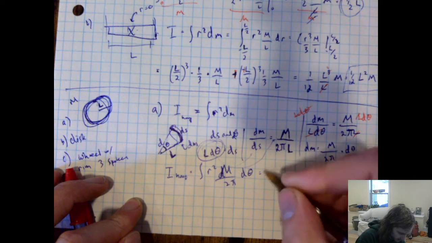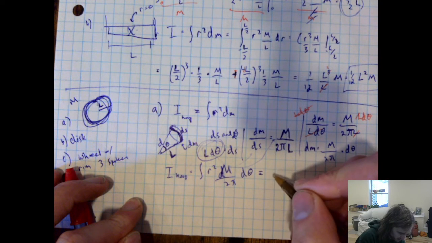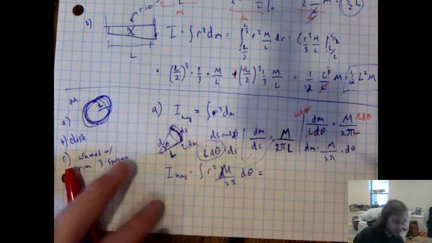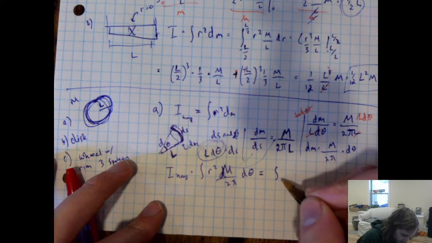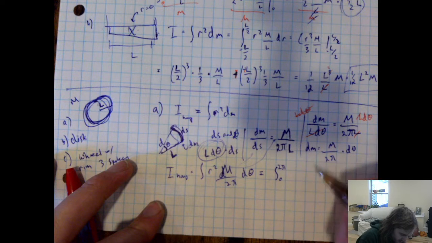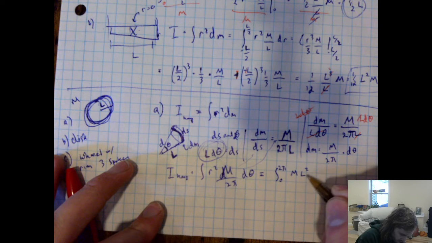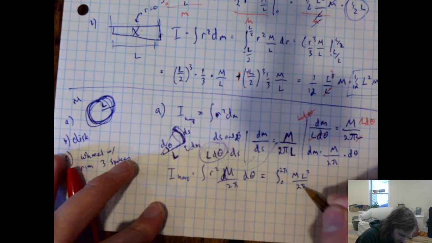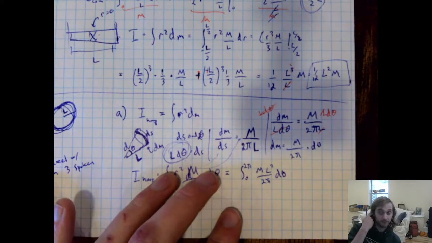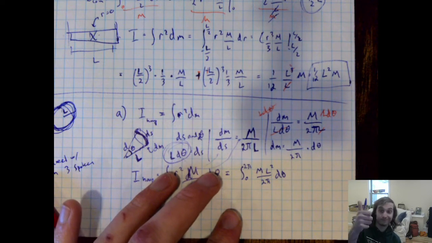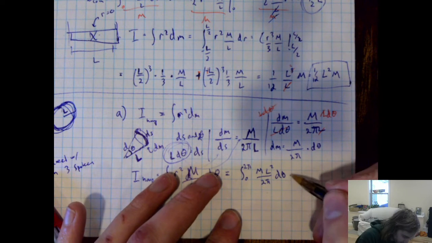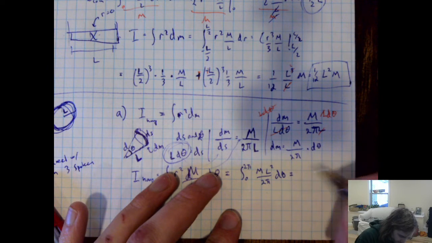Well, thankfully, r is fixed for this one. It's always a distance of L away. And so we'll be integrating from 0 all the way to 2 pi, spinning around our full circle. Our mass times our r squared, which is just L squared, divided by 2 pi d theta. Well, integral of d theta is theta. If we undo the derivative, we get the thing.